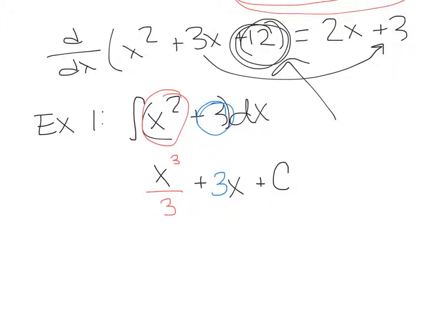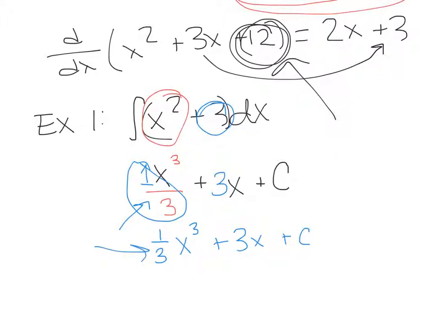So in front of x, you always have your invisible 1, so this really is 1/3 x cubed plus 3x plus C, and that would be your final answer, okay? You want to simplify it. That's a function you're used to seeing, okay? So get rid of your complex fractions and use simple fractions instead, okay?